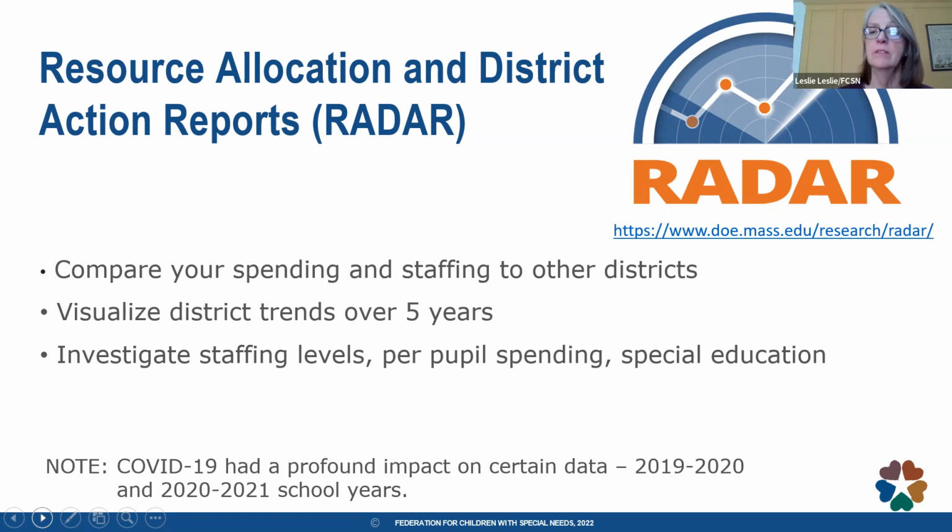You can see some trends over years. It talks a little bit more about staffing levels and per pupil spending levels. So it's just more data and more information, but a way to play with the data and do some comparison. Once again, understanding that COVID in the last 2 years has affected and skewed the data a little bit because we just weren't operating the same as we had in the past years prior to that.